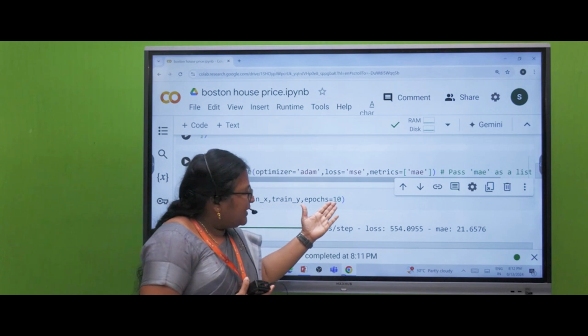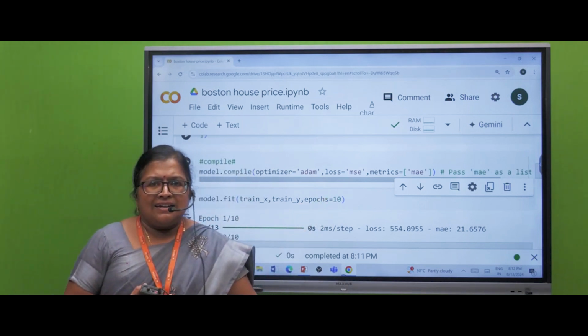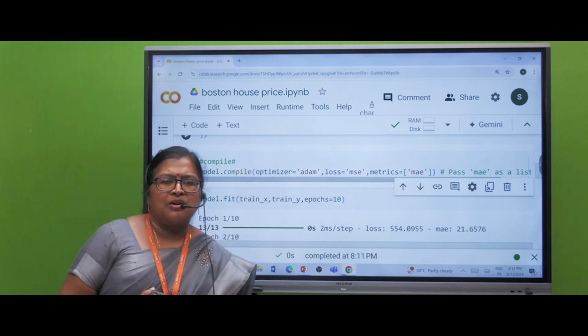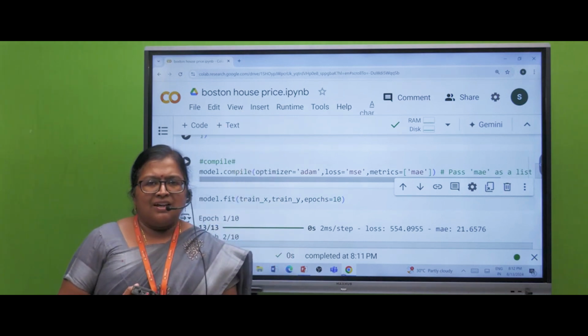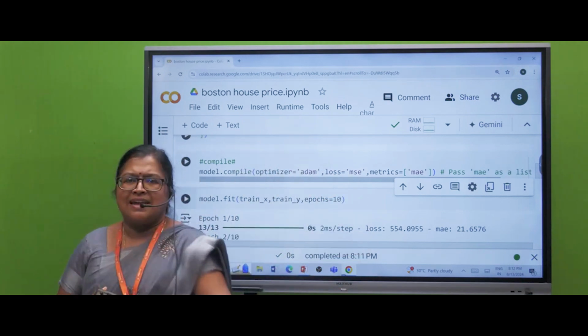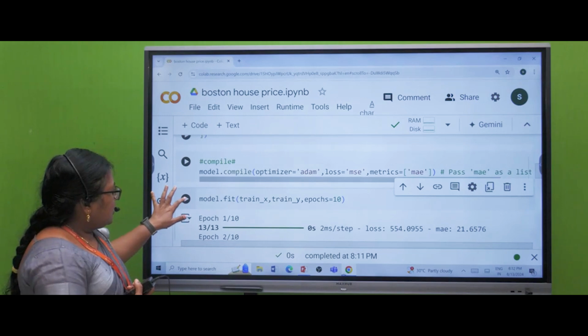Here I am giving 10 epochs, meaning I want 10 iterations, 10 times all my nodes, the 13 nodes in the input layer, should complete the cycle. This is what I mean by epochs.